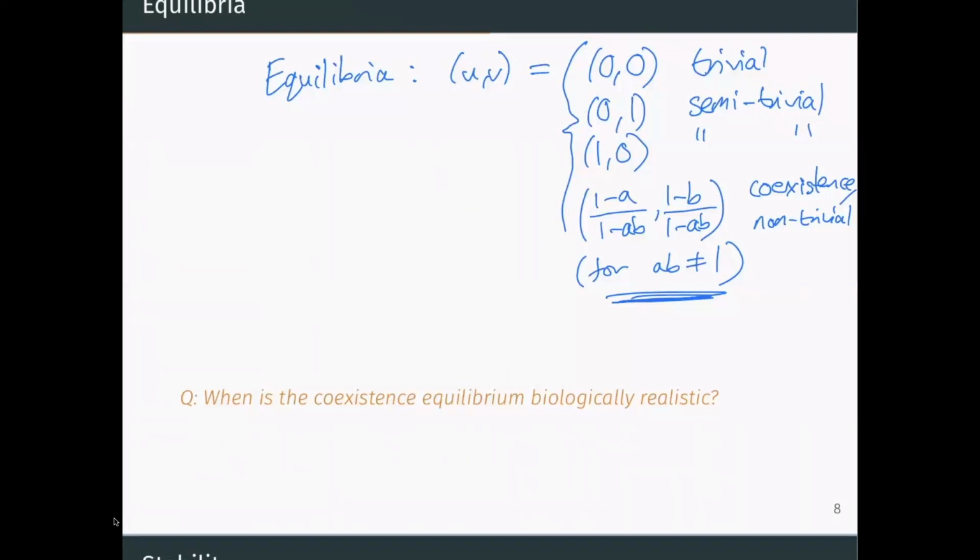So for both of these terms, the 1 minus A over 1 minus AB and the 1 minus B over 1 minus AB, we need either A and B to both be less than 1, in which case everything in the numerators and denominators is going to be positive, or we need A and B to both be greater than 1. If that's the case, then the numerators are both negative, but the denominators are also both negative, and therefore the negatives will cancel each other out, and we'll end up with U and V values that are both positive again.